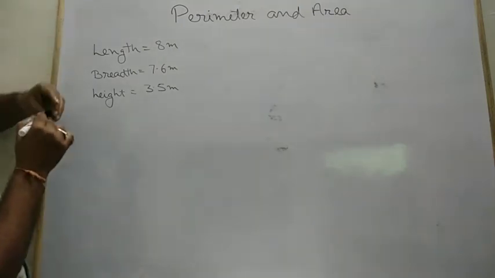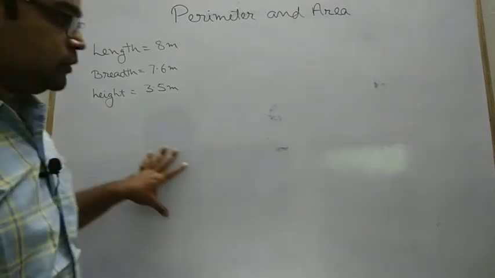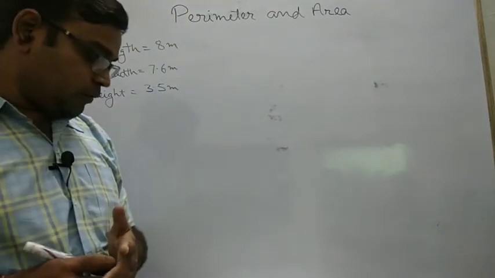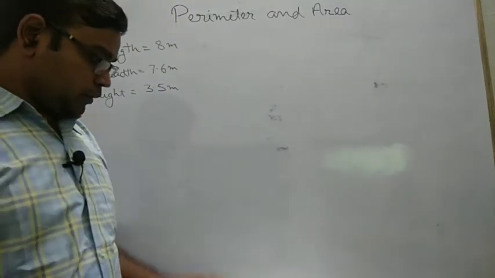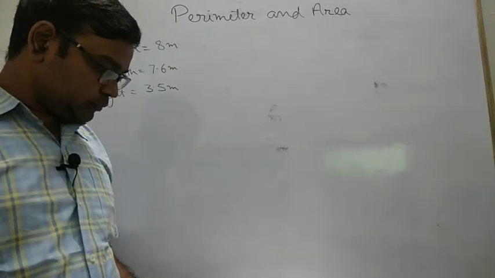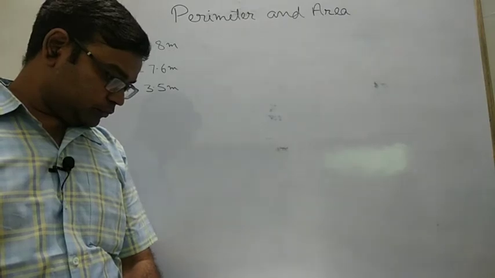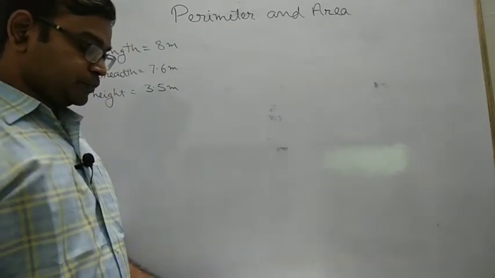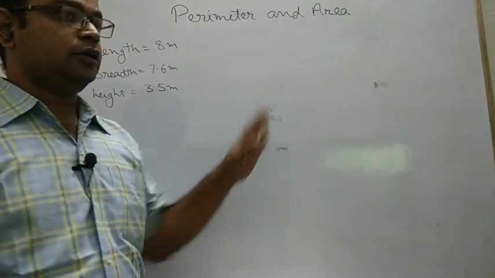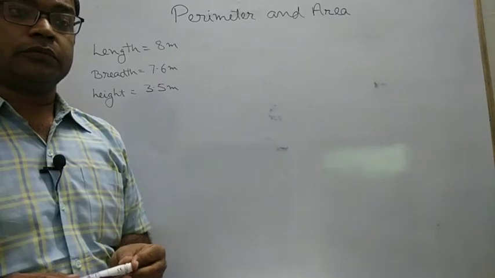So remember in this case we have to find out the area of walls and area of roof. First remember that opposite walls are equal to each other.